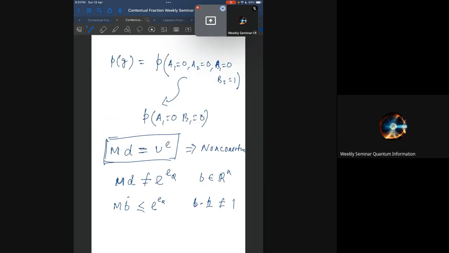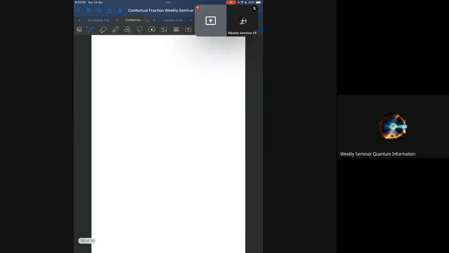Your target is to find a B in R^n where you maximize the identity dot B, subject to M dot B less than or equal to V_E, and another constraint, that B is greater than or equal to 0.